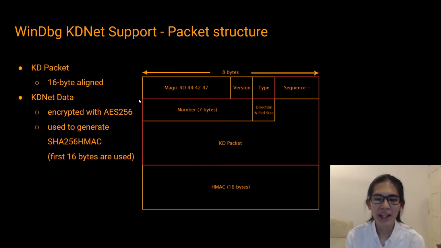The KD packet is 16-byte aligned here, and the padding size is stored as pad size. The whole KDNet data highlighted in red here is encrypted with AES-256. The KDNet data is used to generate the HMAC with SHA-256, but only the first 16 bytes of the hash are used.